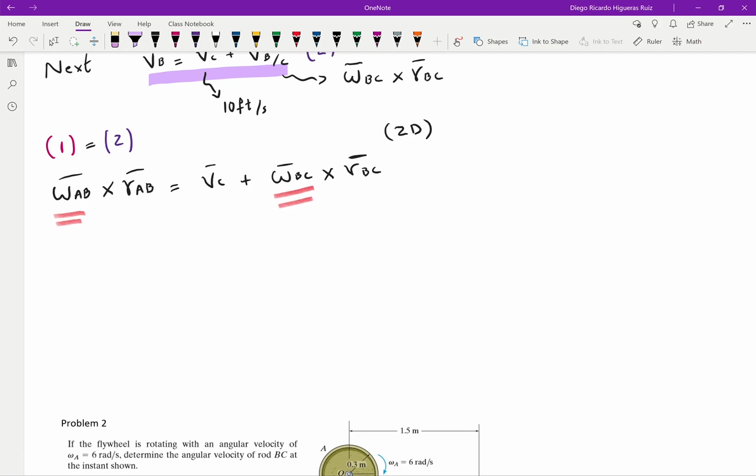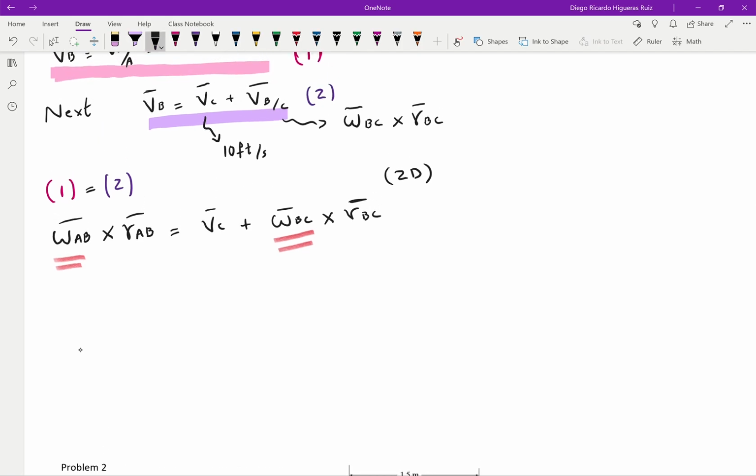I'm going to solve for this vectorial product, and that's probably going to let me decompose my equation a little bit better.